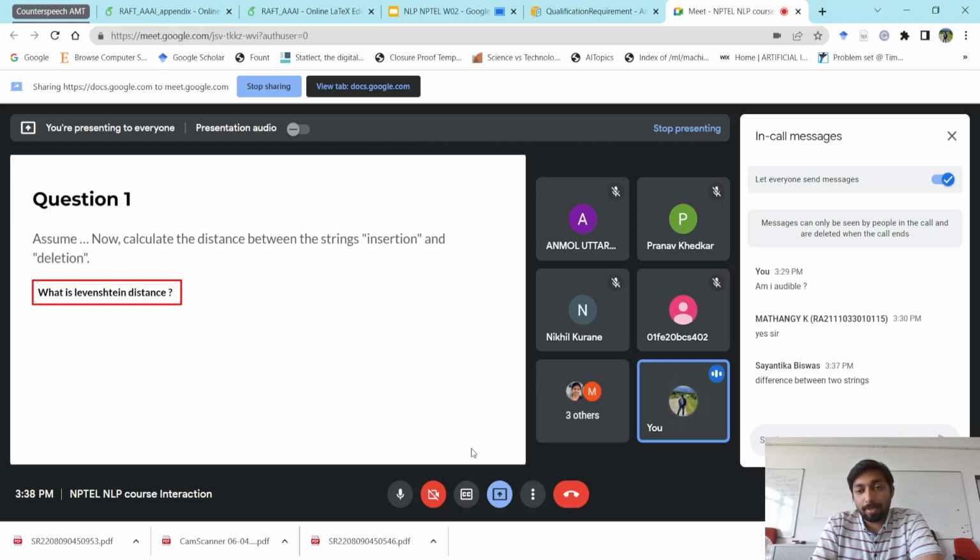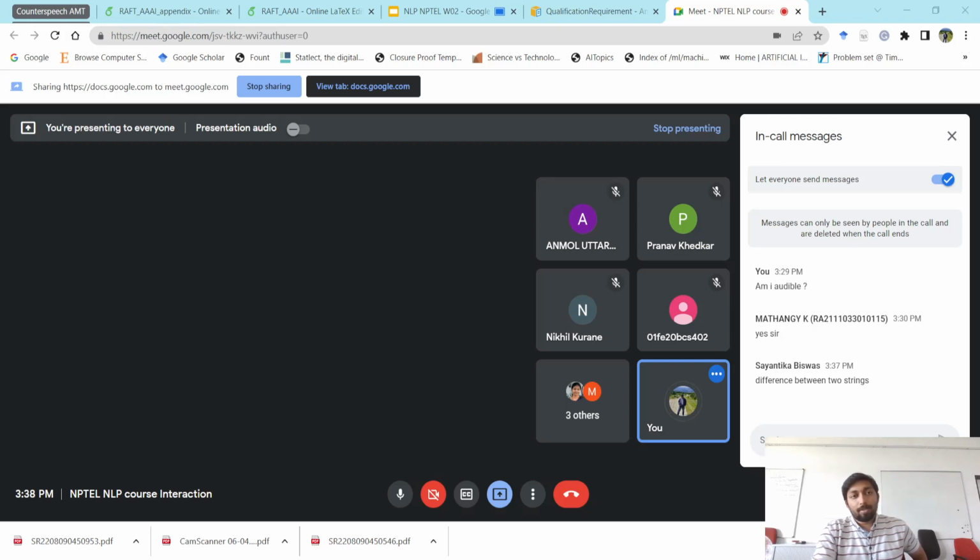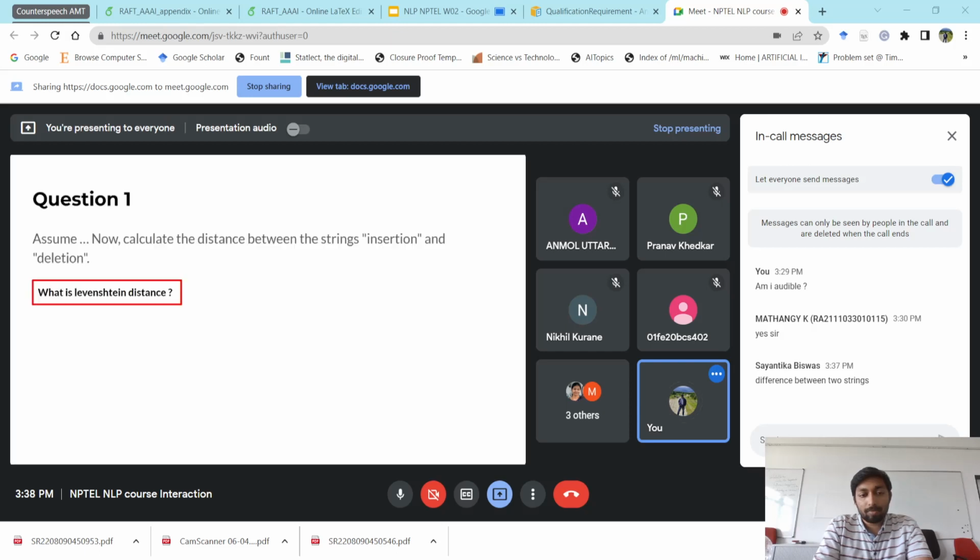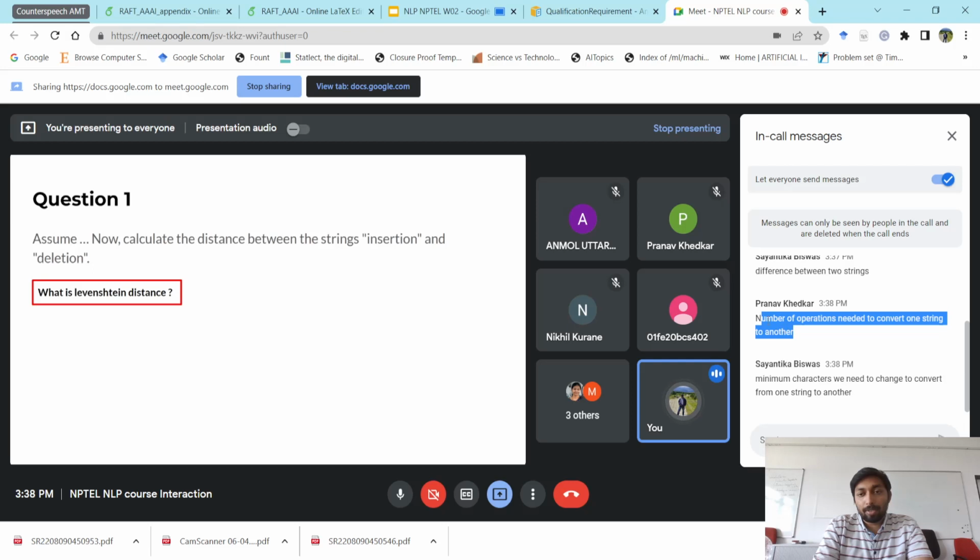Difference is fine, but it is not the complete definition. Yes, number of operations needed to convert one string to another, close.